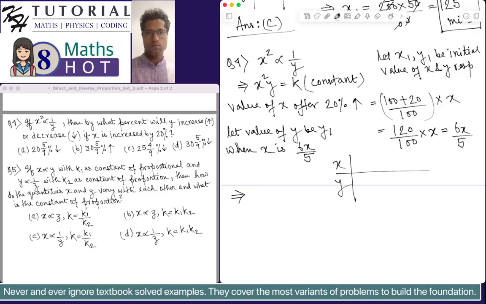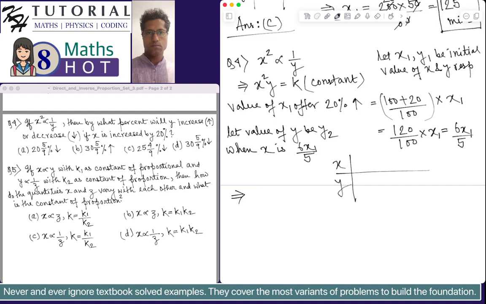Now let's say the value of x1 is increased by 20%. So the value of x1 after a 20% increase will be 6x1 by 5. Now assume that when the value of x1 has become 6x1 by 5, the corresponding value of y is y2. Let the value of y be y2 when x is 6x1 by 5.